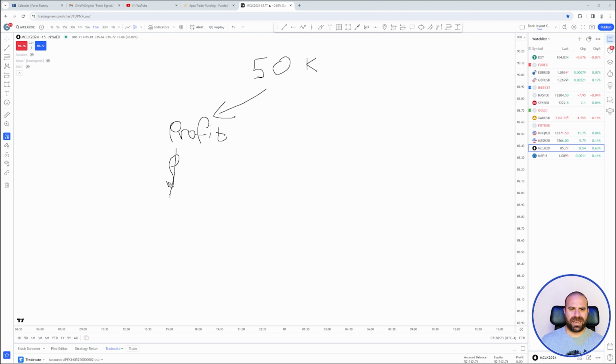Usually I'm bad at drawing the dollar sign, but we will say that you have to hit the profit of $3,000. And you have a trailing threshold, which is actually your trailing drawdown, of $2,500, guys, $2,500.